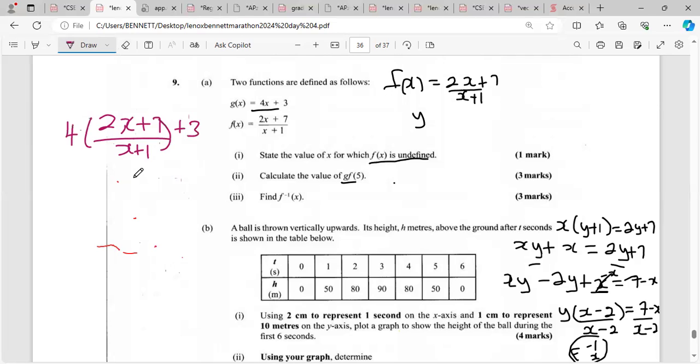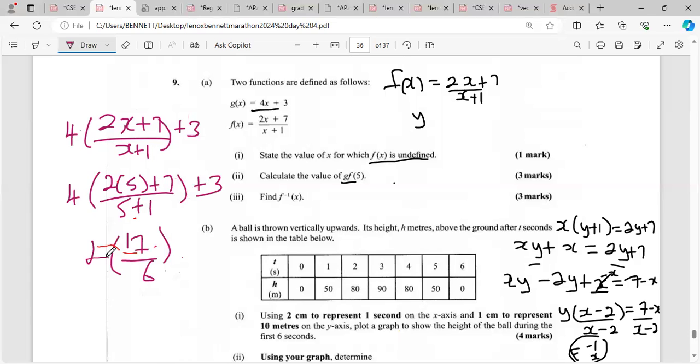So we have 2 times 5 plus the 7 over 5 plus 1. We'll work out the bracket first. So 2 fives, 10, plus 7 that's 17 over 6. I'm going to multiply before we add.